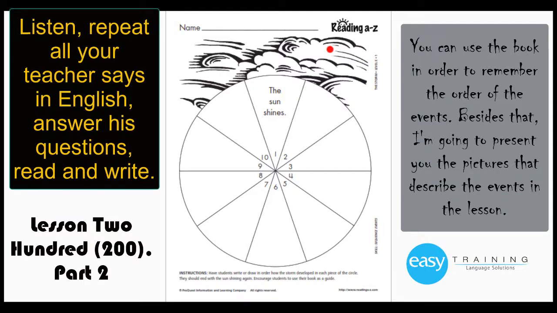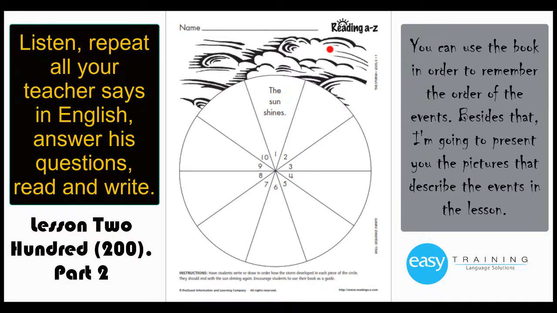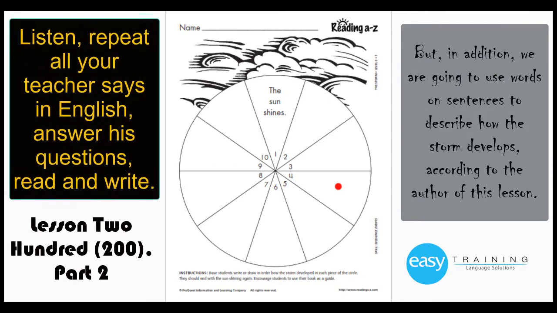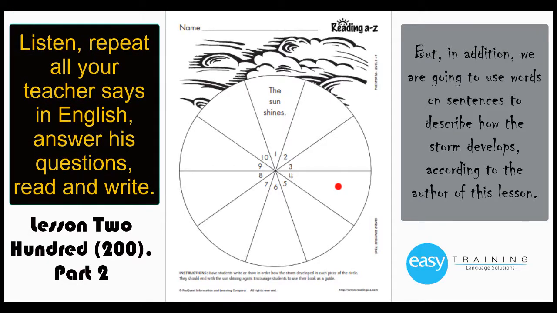Besides that, I'm going to present you the pictures that describe the events in the lesson. But in addition, we are going to use words or sentences to describe how the storm develops according to the author of this lesson.